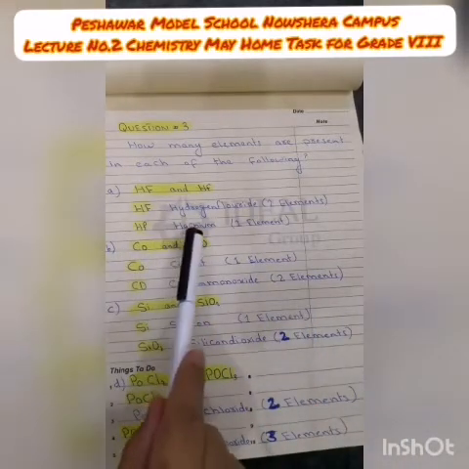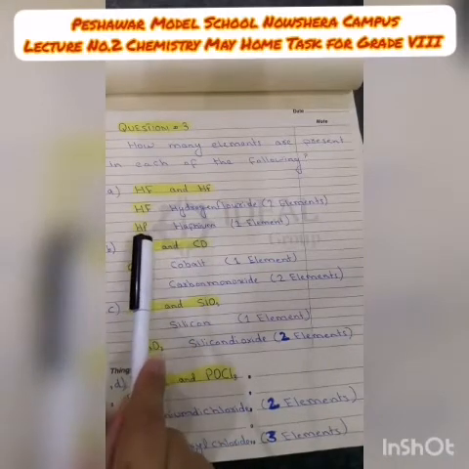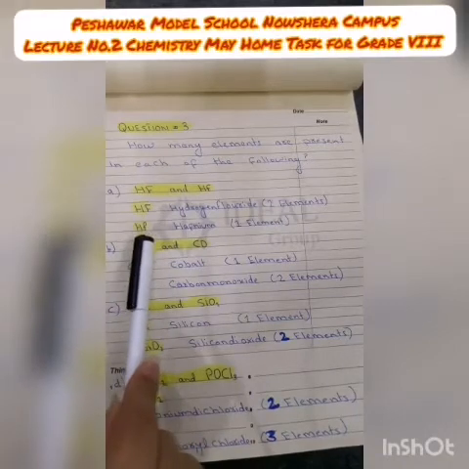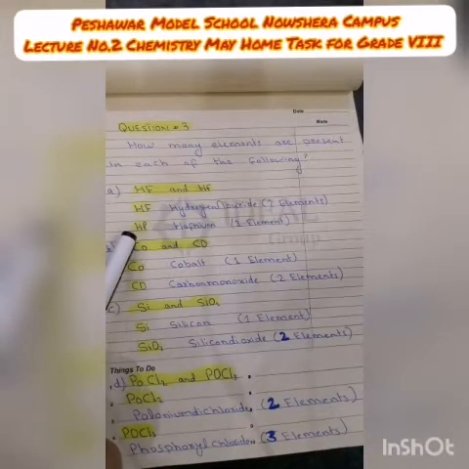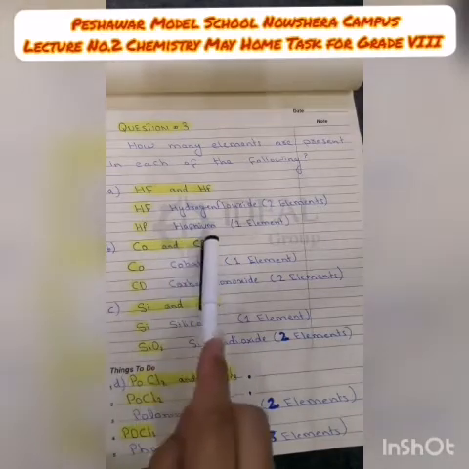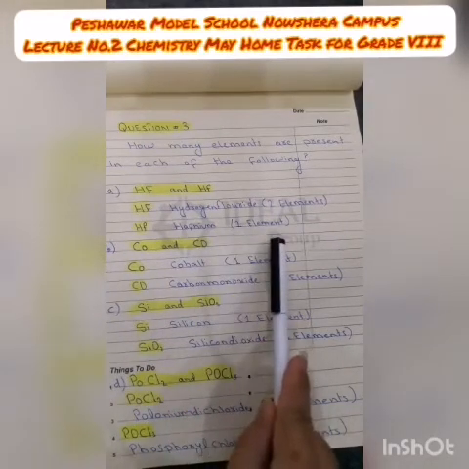That's why to represent hafnium we use the letter H combined with another letter, which is F, and we take the second letter in small. Whenever we represent an element by two letters, the first letter must be capital and the second one must be small, like hafnium. Hafnium is a single element, a silver metal, so it consists of only one element.